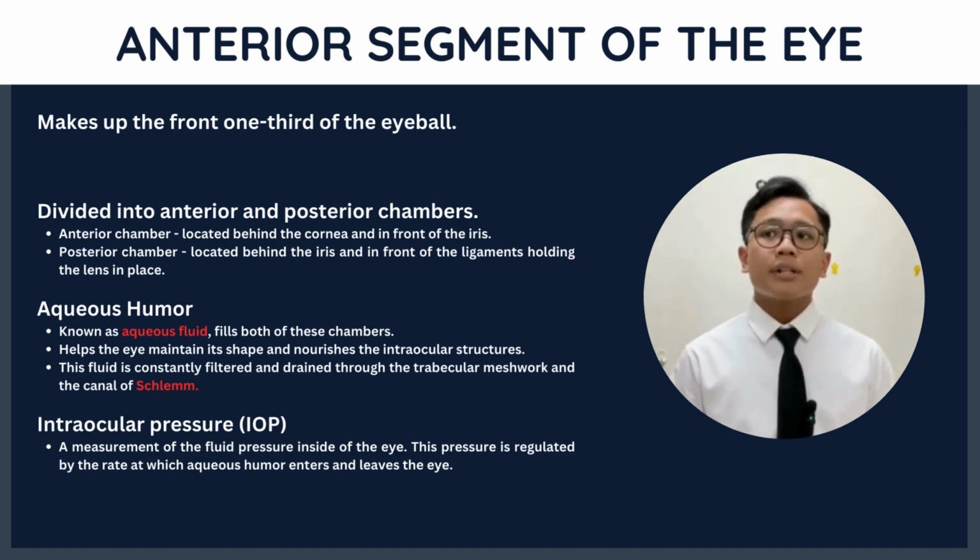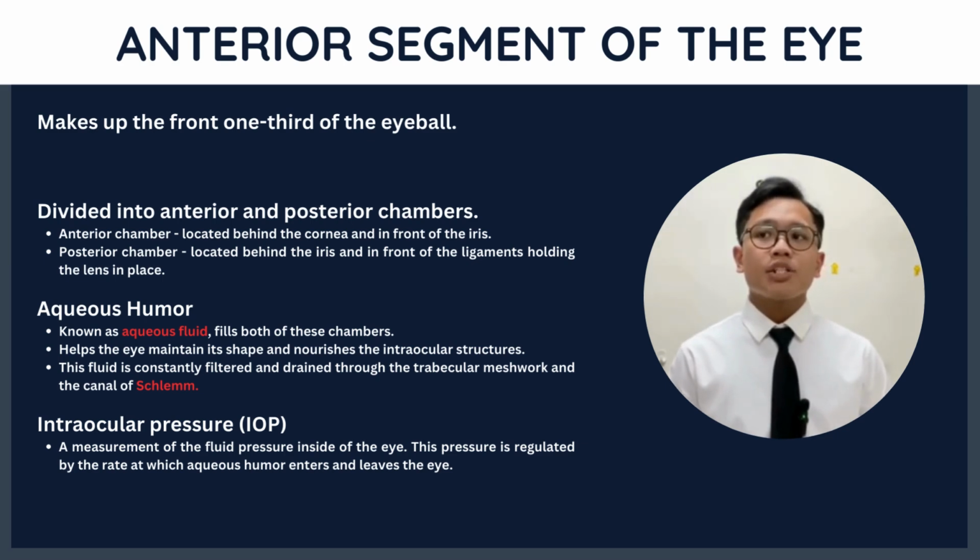Aqueous humor, or aqueous fluid, fills both of these chambers. It helps the eye maintain its shape and nourishes the intraocular structures. This fluid is constantly filtered and drained to the trabecular meshwork and the canal of Schlemm.